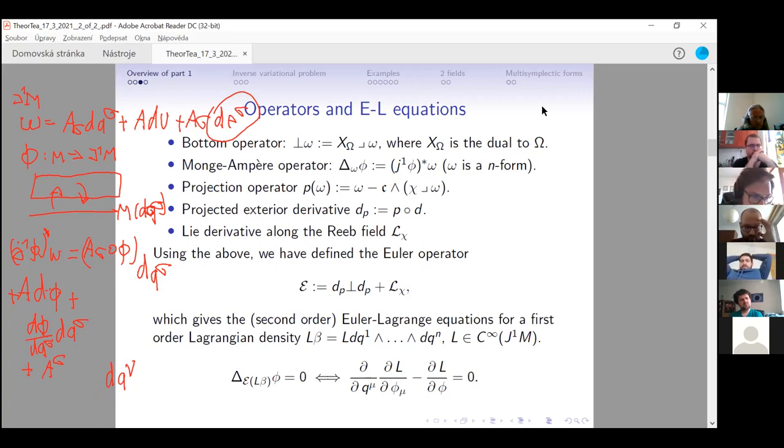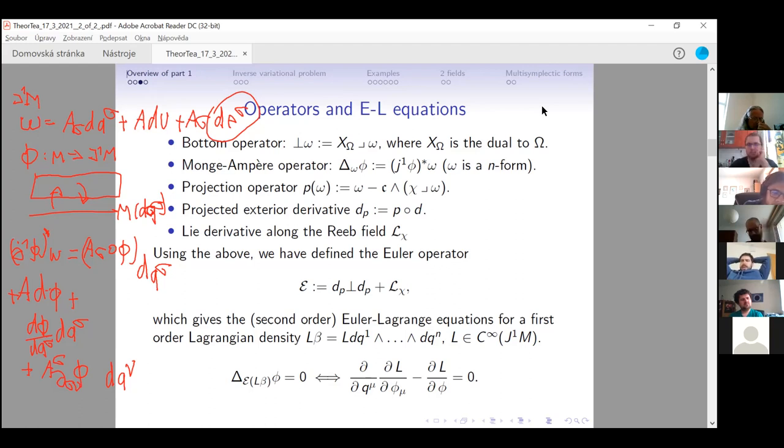It's just phi with two derivatives on it. One contracted with q and one with A. Sigma is for the A sigma index, and nu is for the dq nu index.